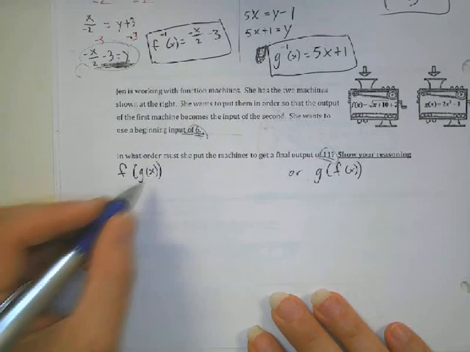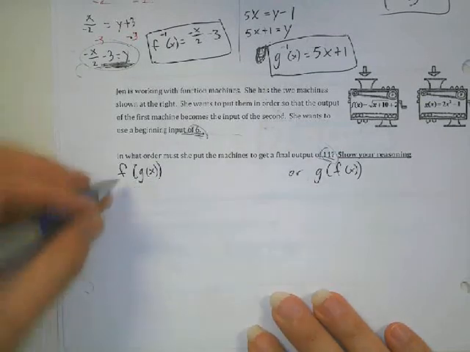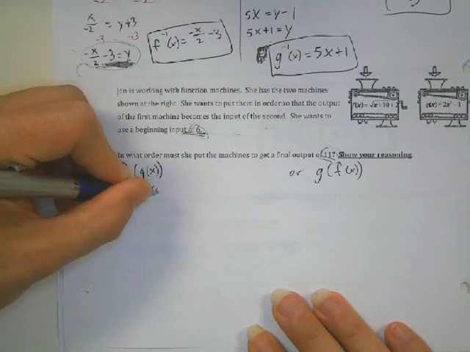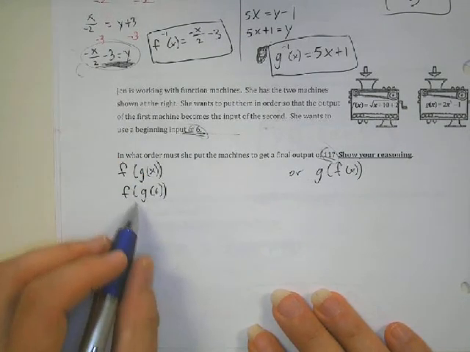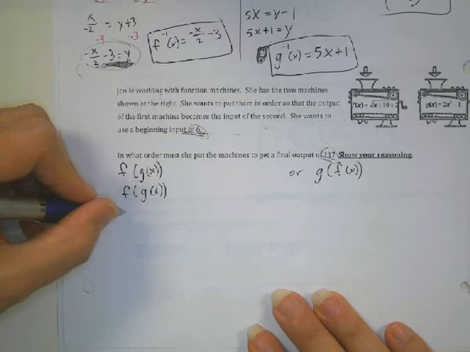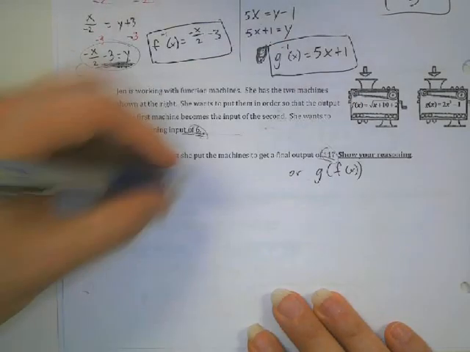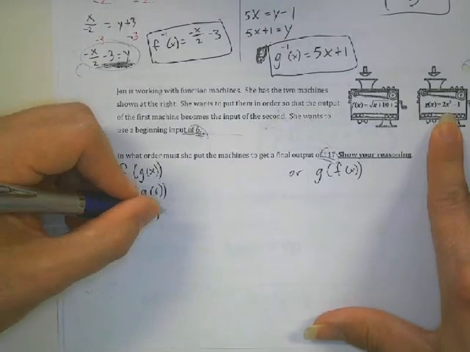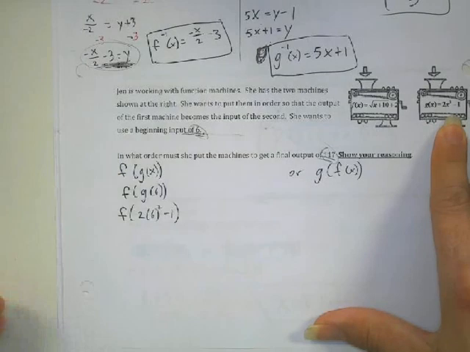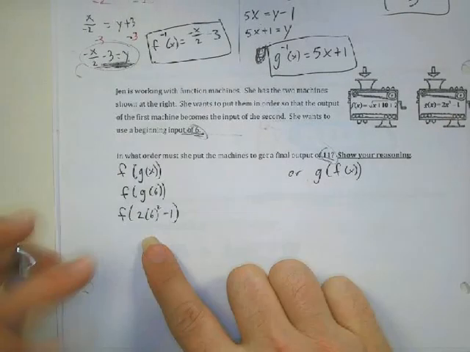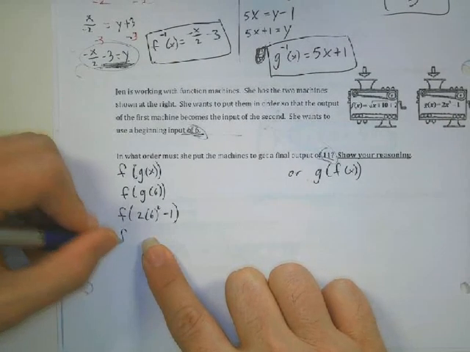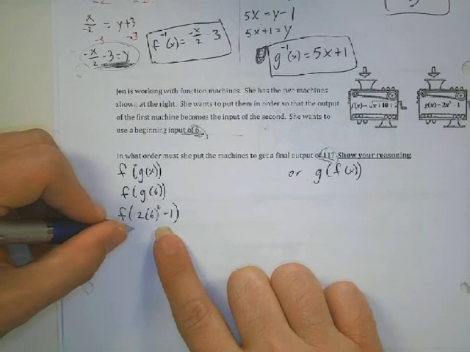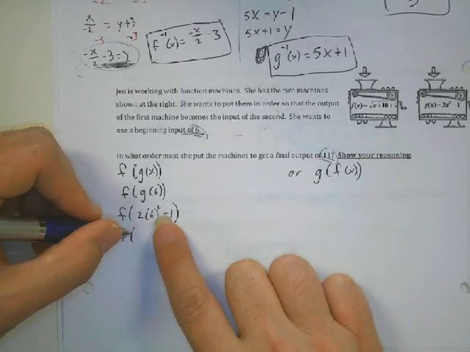So let's try this one or this one. And the input is going to be 6. So if I plug 6 into g of x, we get 2 times 6 squared minus 1. Okay, so 6 squared is 36.